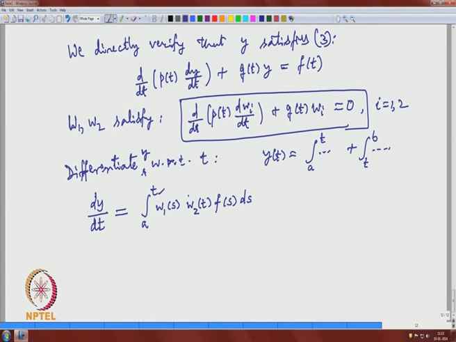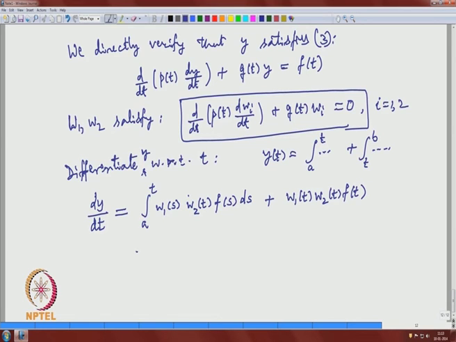And since this t is there in the limit, we also have to differentiate that, so that we get W1(t) W2(t) f(t).